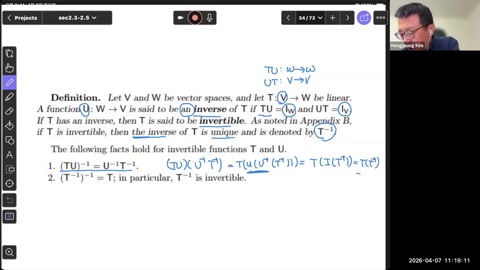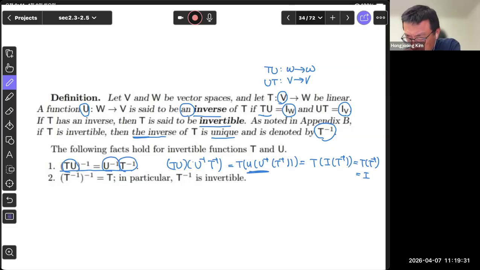That is the identity again. So that means the inverse of the composite of T and U will be U inverse times T inverse, in the opposite order, in the reverse order.